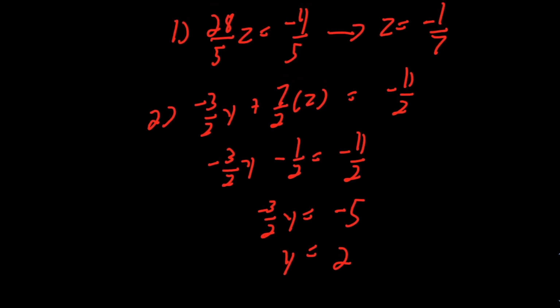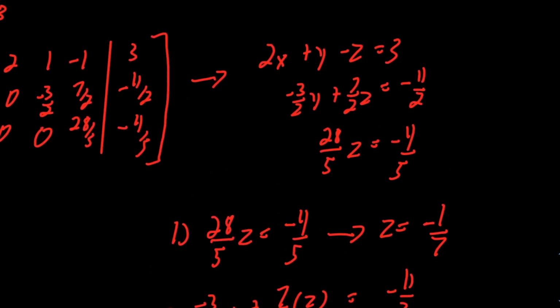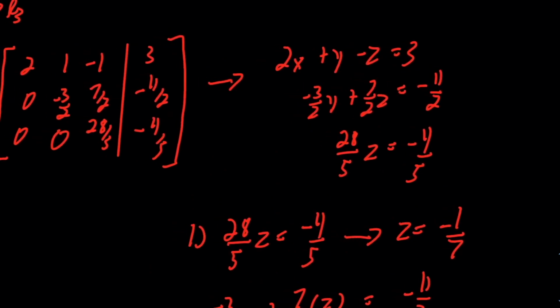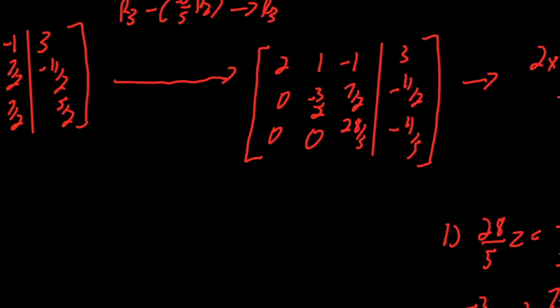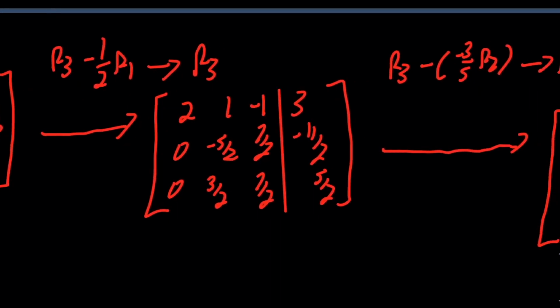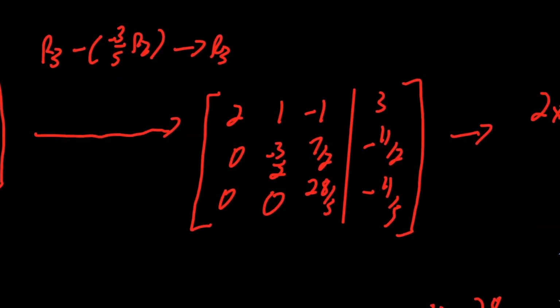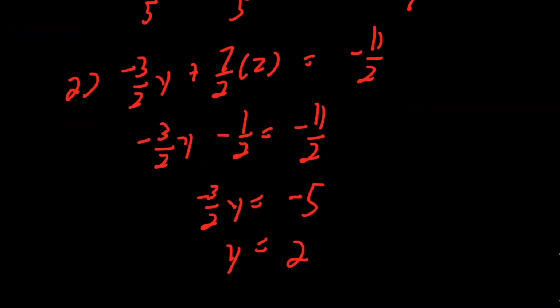Alright everyone, let's see where I messed up. Oh, wait a second. Something's wrong. Oh, see? This is supposed to be negative 5/2. There we go. Oh, okay.